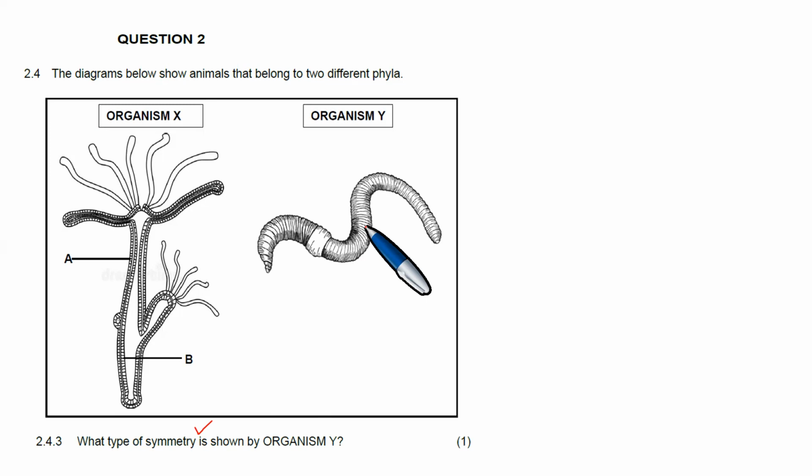If you look at one end relative to the other end, one part relative to the other part of the organism, there is some symmetry. It appears as if there are great similarities between parts and sides of this organism. What do we call the symmetry that exists in animals?